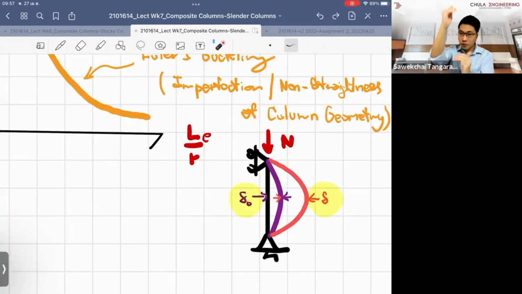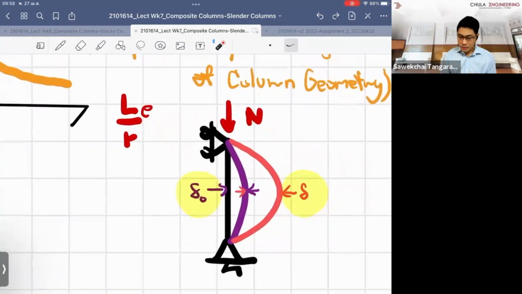So when you push the member more, the sway starts to enlarge, and we call this the secondary effect, which is the out of plane action.